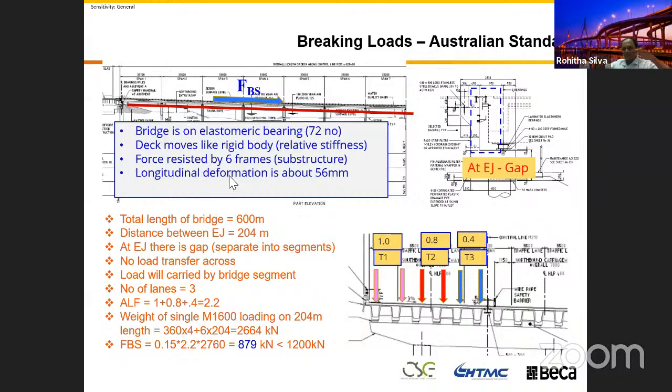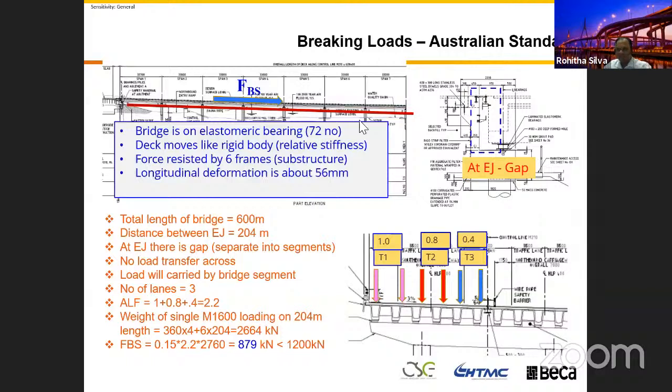And the deck, when you apply, because sitting on the bearing is like a floating, it's like you're putting, not sure whether you can see, it's like an A4 paper sitting here on the elastomeric bearing, which is a rubber. When you apply the horizontal force, the bearing will shear. Because of the shear deformation, the bridge deck is very stiff compared to the relative stiffness of the bearing.